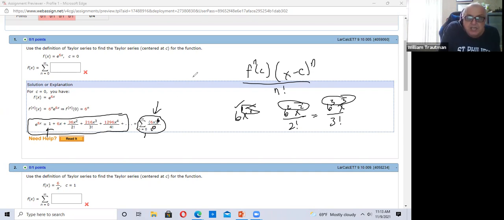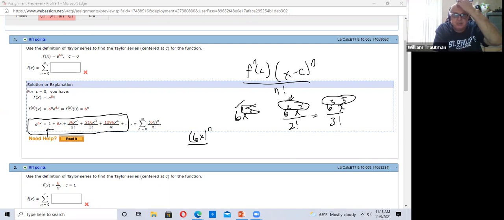So that's how they ended up with the summation. The 6 and the x both are to the n power, and whatever derivative we took, that's going to be down here, the n factorial down here.